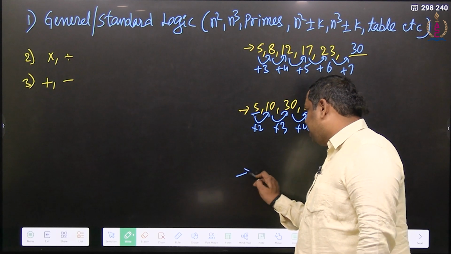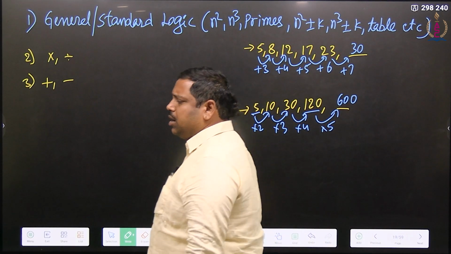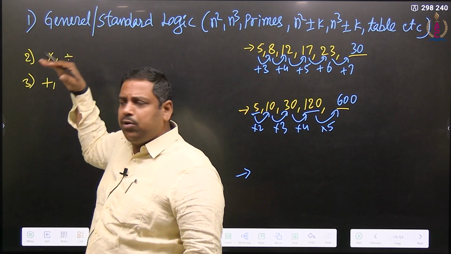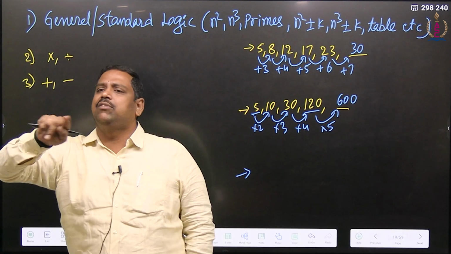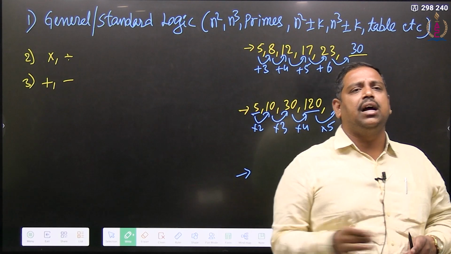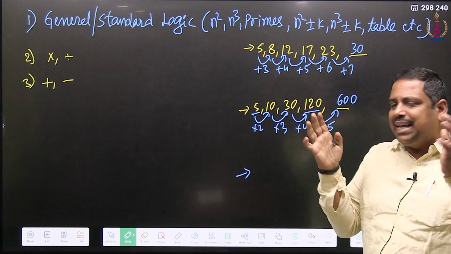So, observe a small point. I am repeating. I am giving one more example. In the examination, by default, if you give any question, I will think of general or standard logic. If not, I will go with multiplication, division or addition, subtraction. Both simultaneously I will check. While I am checking, I will verify the first number and the last number. Based on the gap, I will decide.